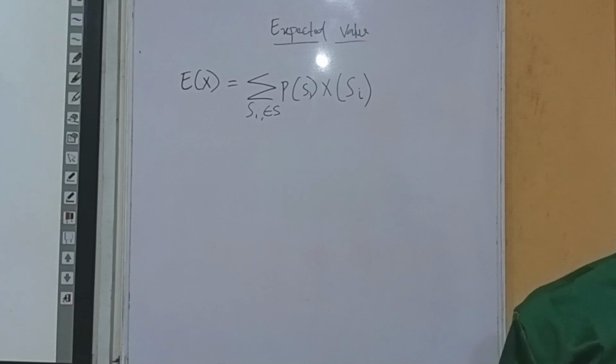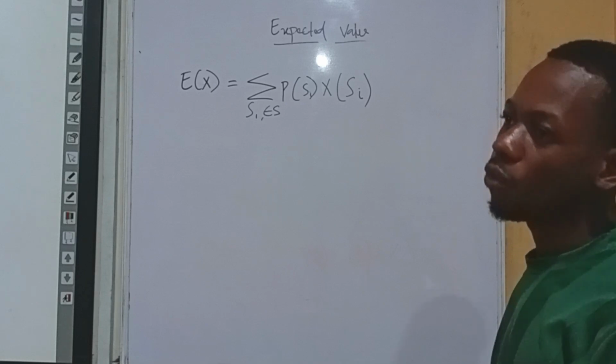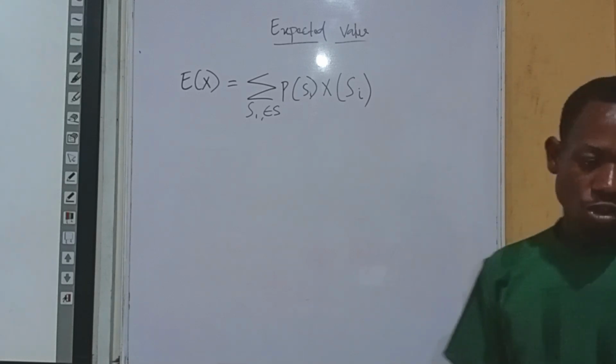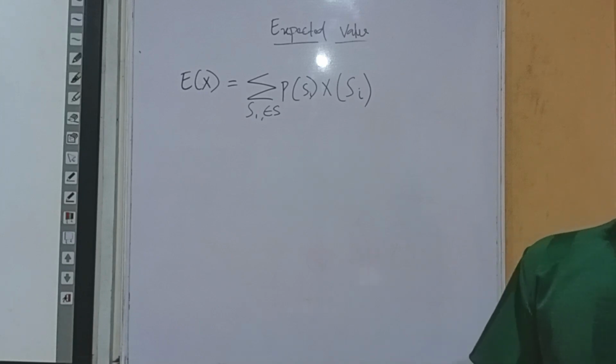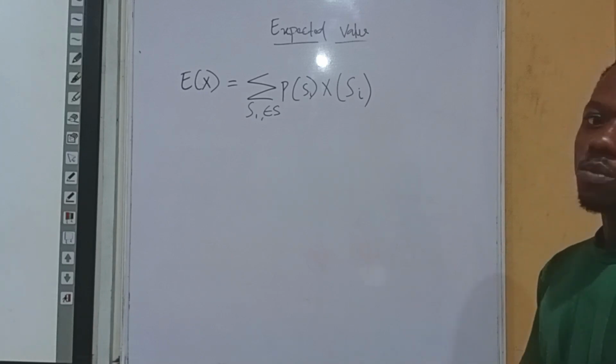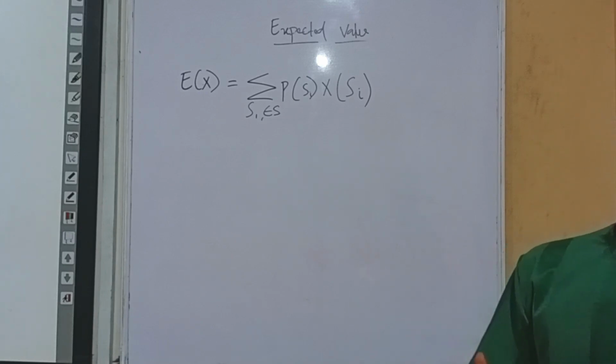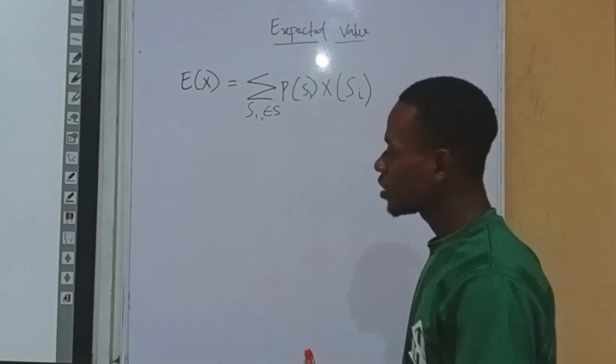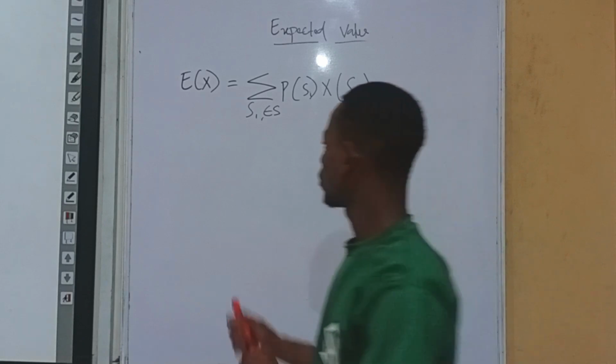What is the expected value of one ticket in this lottery? From the explanation, we see that the probability of winning this is 1 in 1,000.